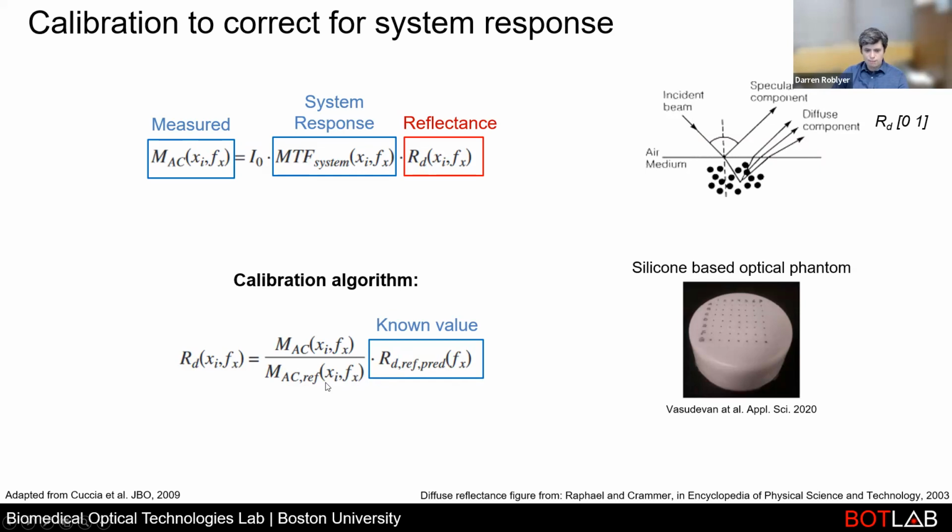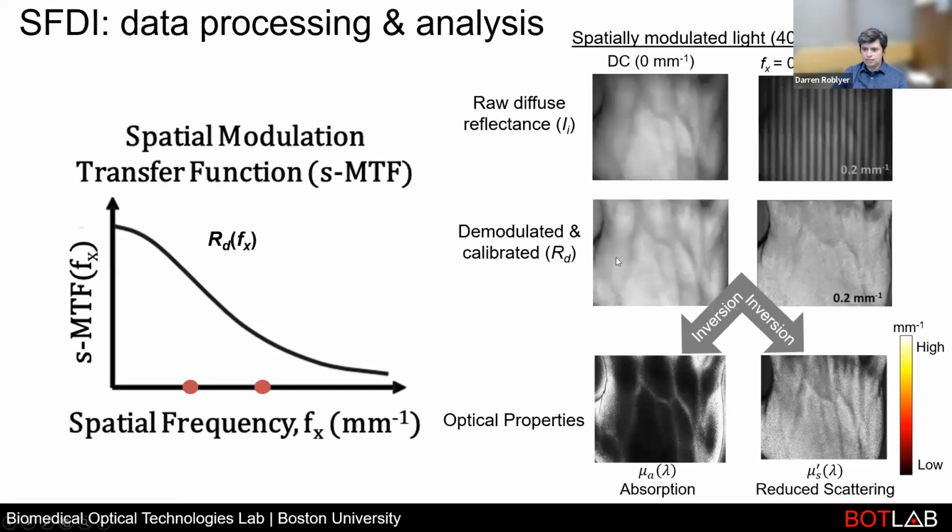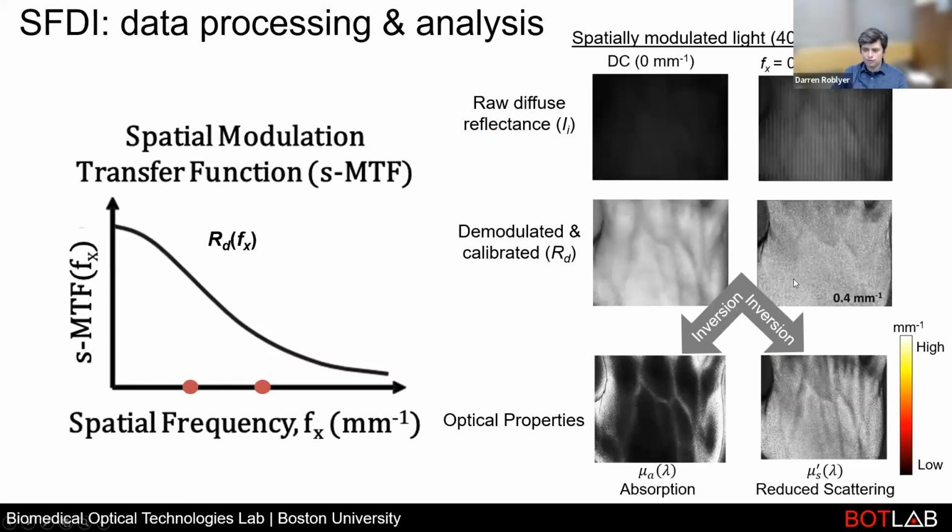We assume that mapping stays the same when we measure the MAC of something unknown, like tissue, and we can use that to get to the diffuse reflectance of the tissue. So this is key for SFDI: one needs to use an optical phantom with known optical properties.